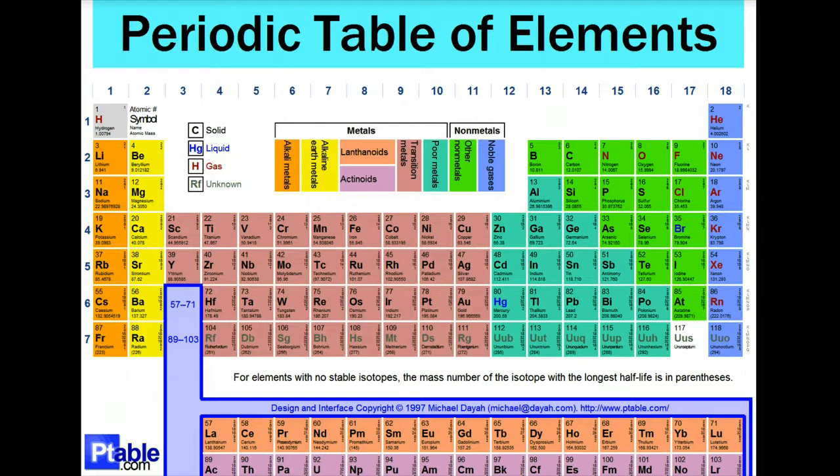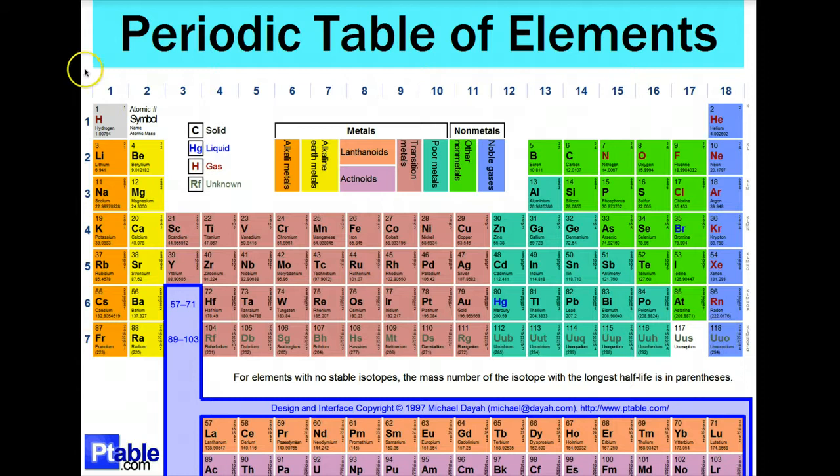And what we're going to be talking about in this video is the fact that there are different rows that go across the periodic table, and these are numbered. Here's the first row, second row, third row, fourth, fifth, sixth, and seventh.